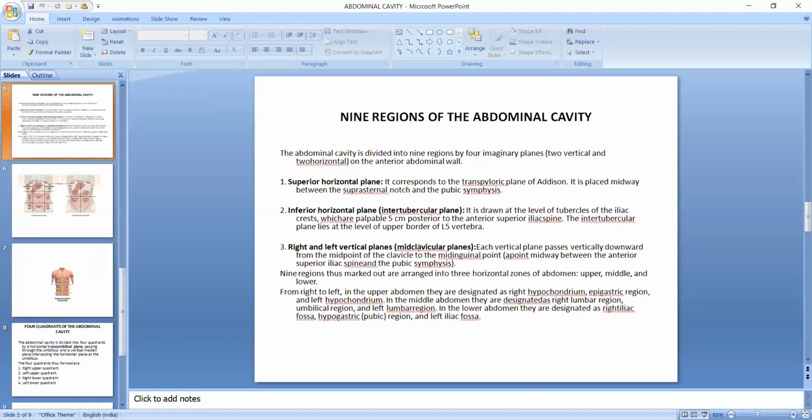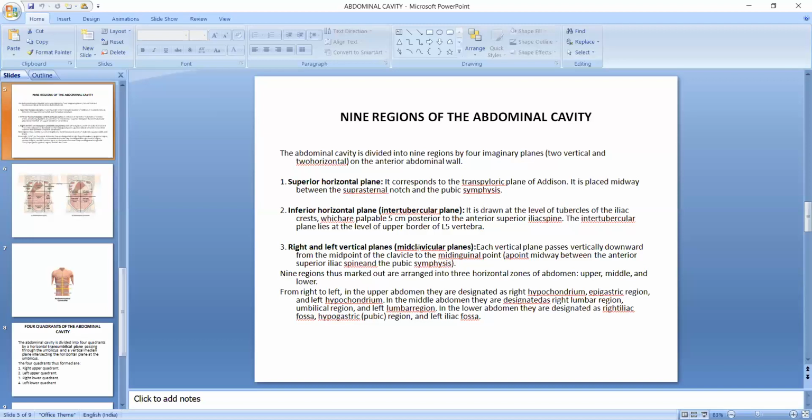Right and left vertical planes. Each vertical plane passes vertically downward from the midpoint of the clavicle to the midinguinal point, and we can see the mid-clavicular plane also. The nine regions marked out are arranged into three horizontal zones of the abdomen: upper, middle, and lower.